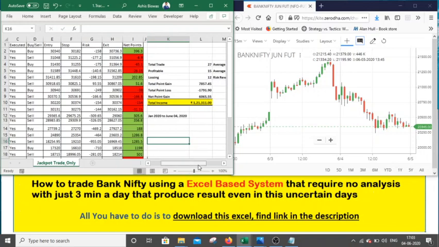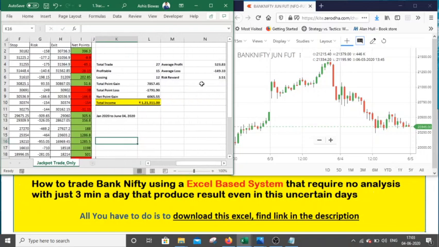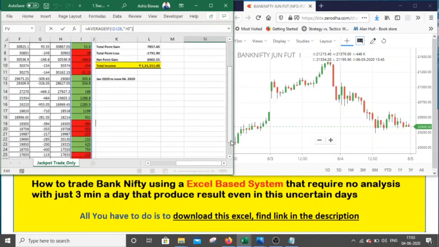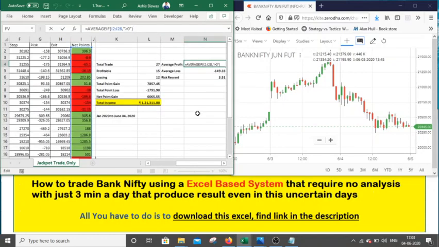The good part of this system is the risk reward ratio: average profit is around 523, and I have to check it, it is too much. Let's check. Yes, I am right. Average profit is around 523, and average loss is 149. It gives us a 3.51 to 1 risk reward ratio.